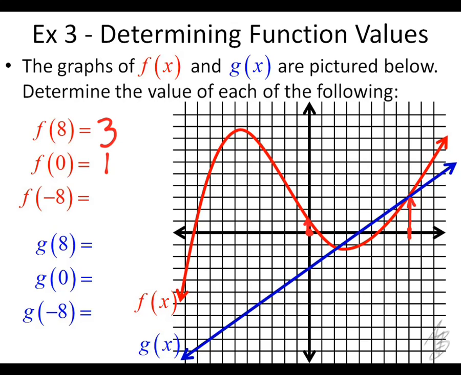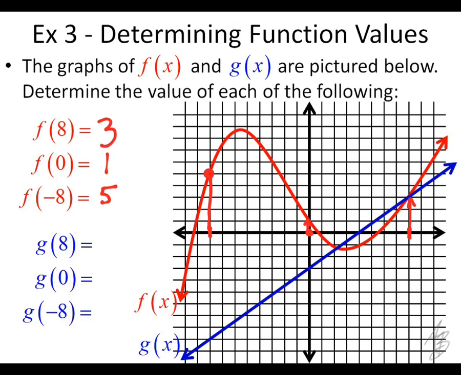Okay, good. Bishop, how about f of negative 8? Go left from the origin to 8. Okay. And then up to 5. Okay, good. So the function crosses right here. It's at that point right there, so we have to go up 5. That means that f of negative 8 is 5.